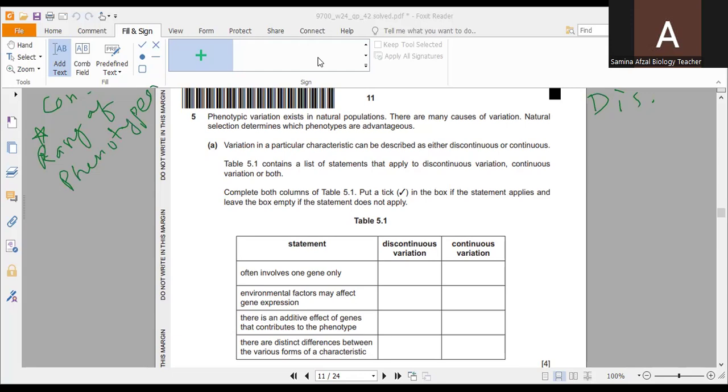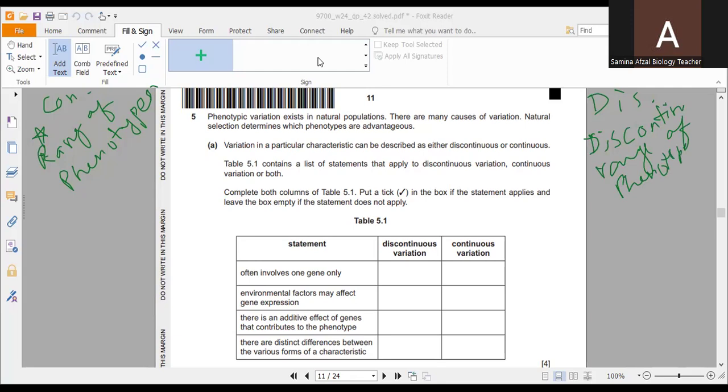Whereas discontinuous variations show separate forms of a characteristic in the population. So they are limited. They have no range of phenotypes, or we can say one or only a few phenotypes are available.